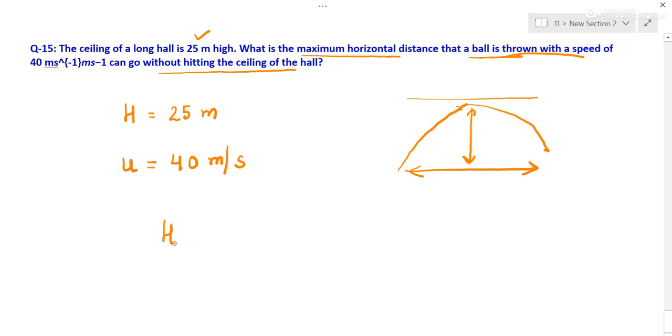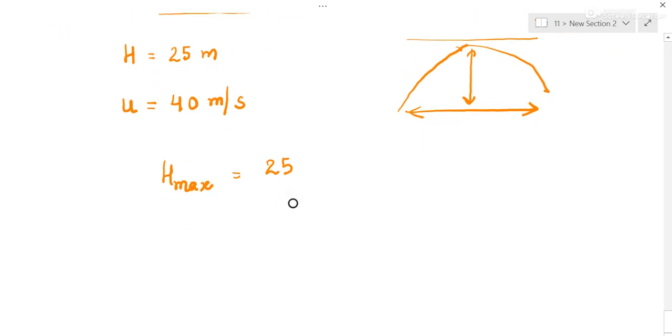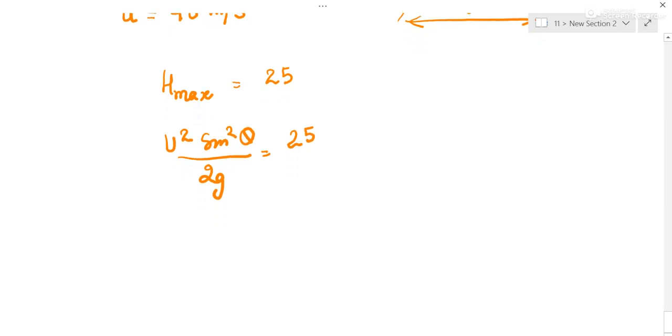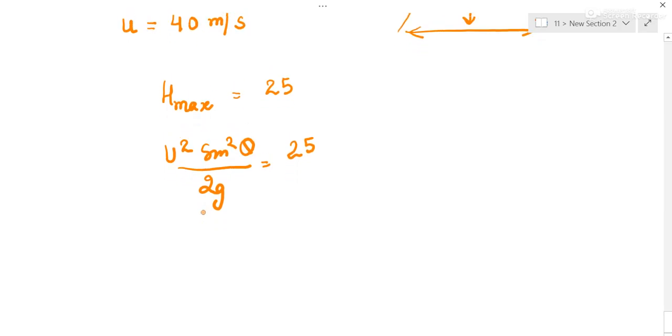25 meter is the maximum height. So this is a question based upon angular projection. Now you should recollect the formula of maximum height, which is u square sine square theta by 2g, and this is equal to 25. We can substitute the initial velocity, which is given as 40.